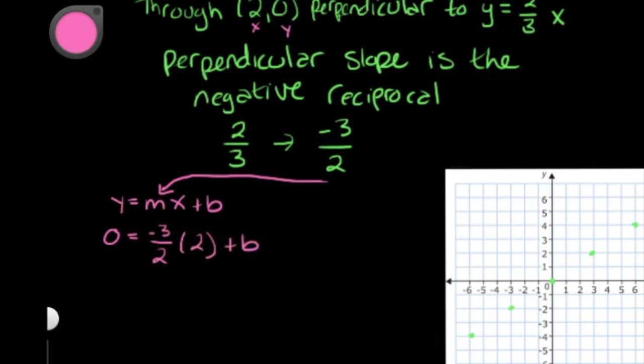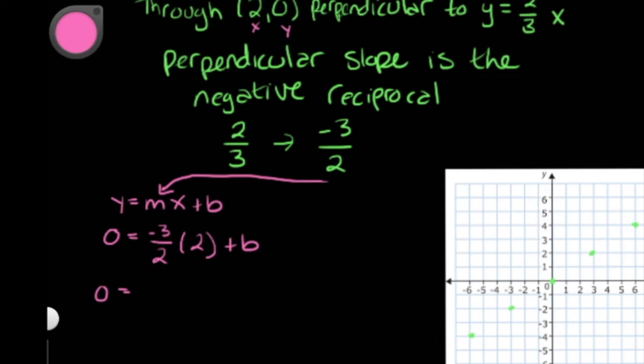So now we have to multiply this fraction here. 0 equals negative 3 over 2 times 2. Remember, there's that imaginary 1 underneath the 2, and when we multiply fractions, we just multiply straight top and bottom.